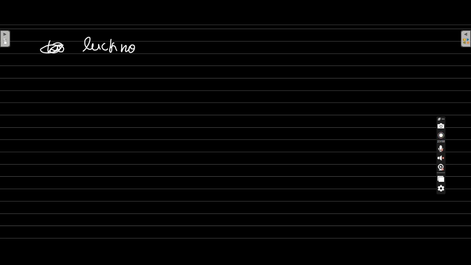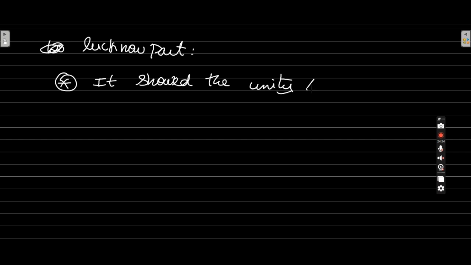So you just need to think and answer which of the following is correct and which is wrong. The first option: it showed the unity between the moderates and extremists.